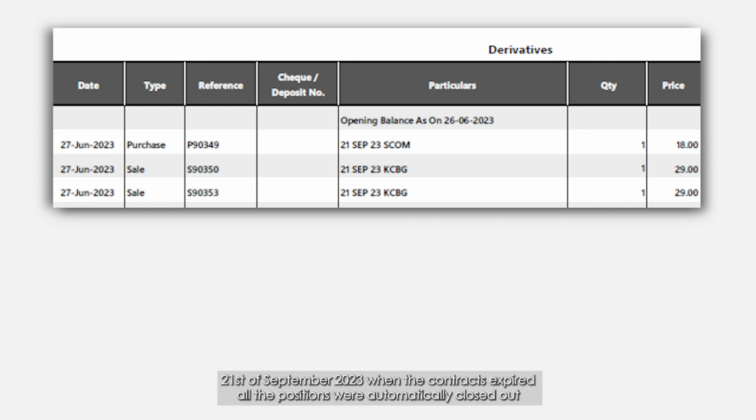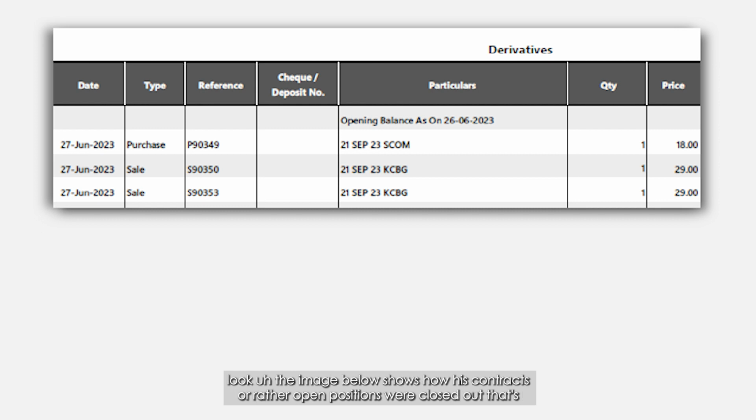Fast forward to the 21st of September 2023 when the contracts expired, all the positions were automatically closed out. The price of Safaricom was at 14.95 Kenyan shillings, while the price of KCB was at 22.30 Kenyan shillings. This means that he made a loss on Safaricom and made a profit on KCB.